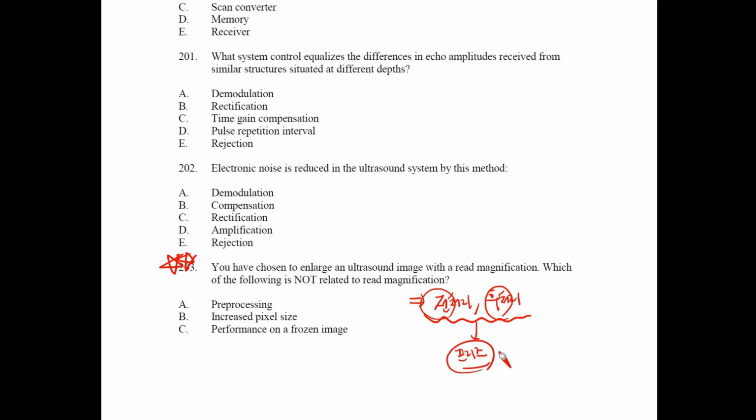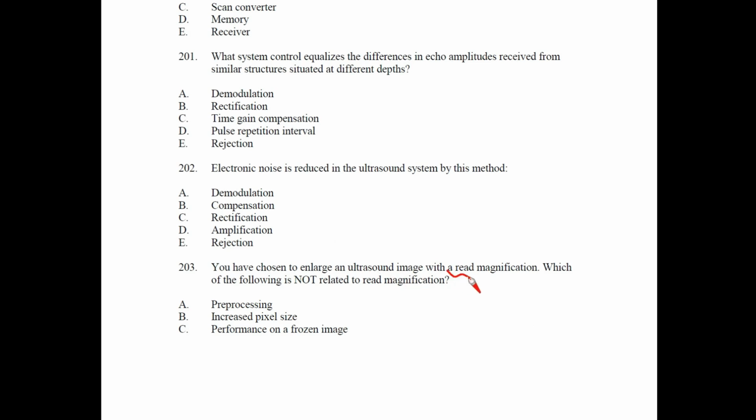When you press this button, the image freezes, so you can consider the state before pressing the button as pre-processing. The processes that occur after pressing the button and the image has frozen can be classified as post-processing. An important point to remember is that the concepts of pre-processing and post-processing always appear on the exam.